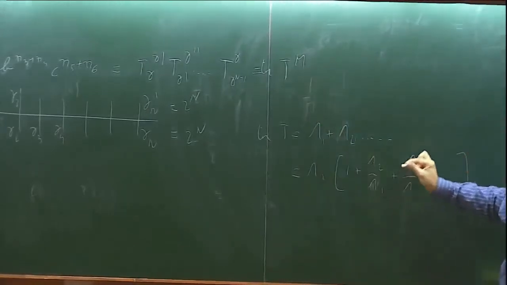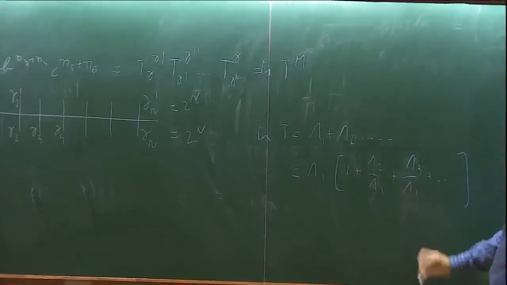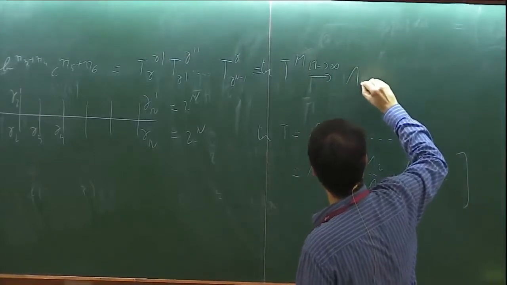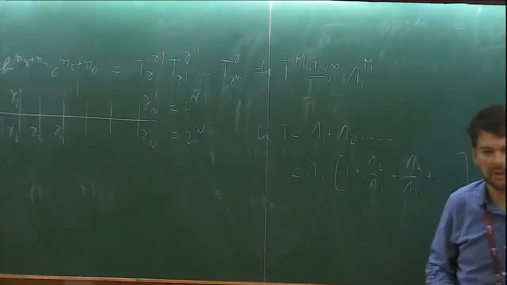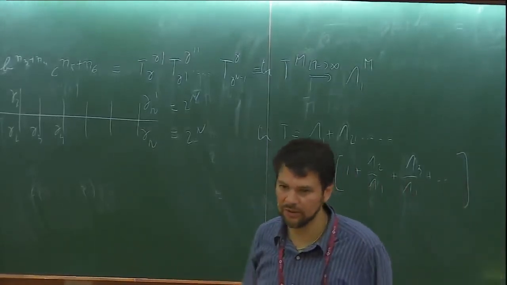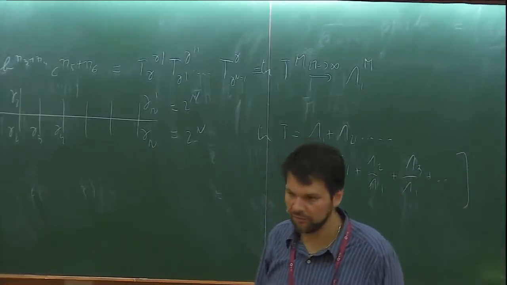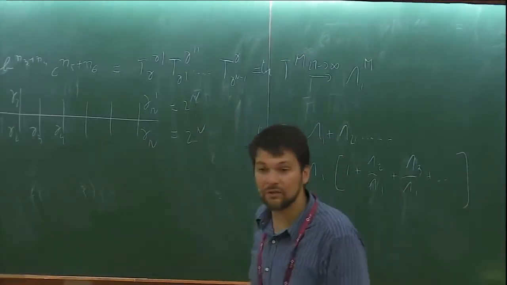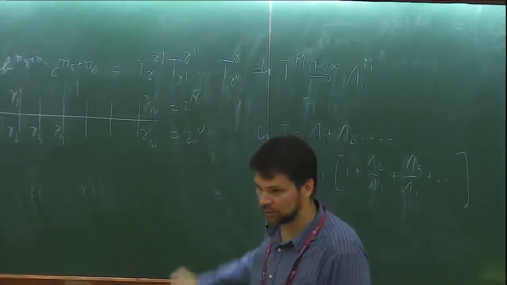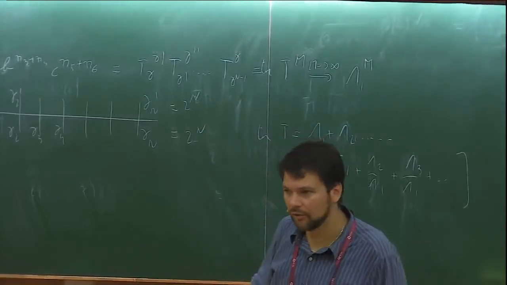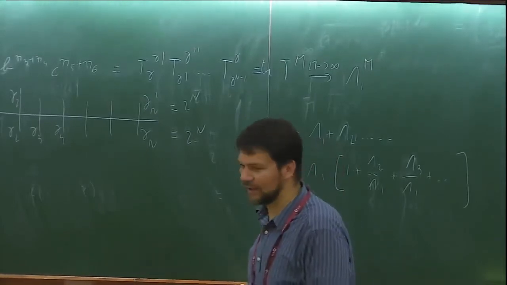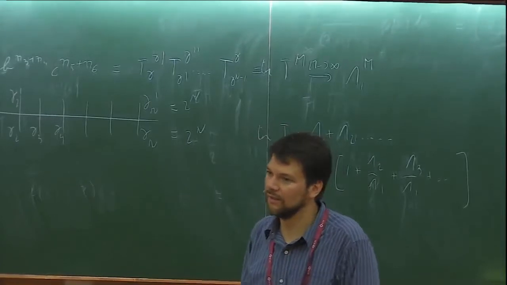All these numbers are less than 1, so in the thermodynamic limit they vanish, and therefore this, as m goes to infinity, is lambda 1 to the m. Which means that I reduce the problem of calculating the partition function of a complicated model with an exponentially large number of configurations to the diagonalization of a much smaller matrix, of which I just need the largest eigenvalue. Of course, this is still an exponentially complicated problem, so I can still pull some tricks to simplify the problem, which is something that I'll do this afternoon.